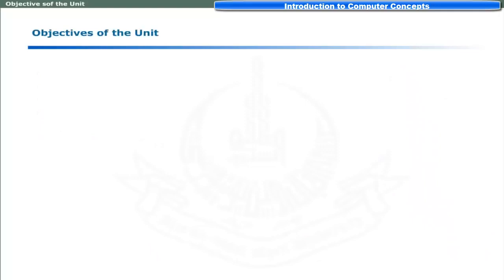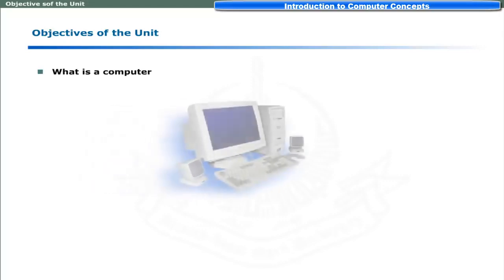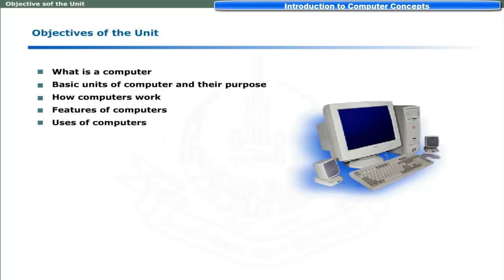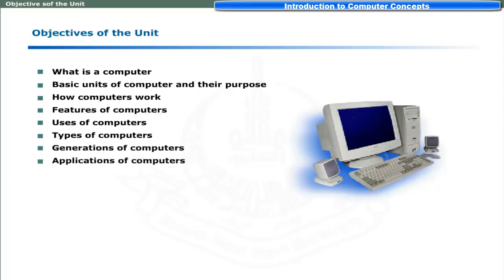When you have completed this unit, you must be able to explain what a computer is, basic units of a computer and their purpose, how computers work, features of computers, uses of computers, types of computers, generations of computers, applications of computers, and basic computer operations.